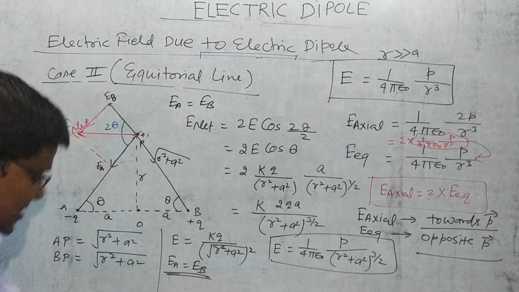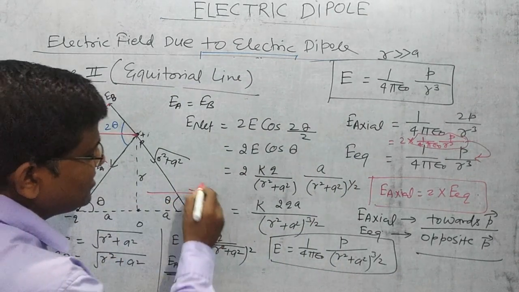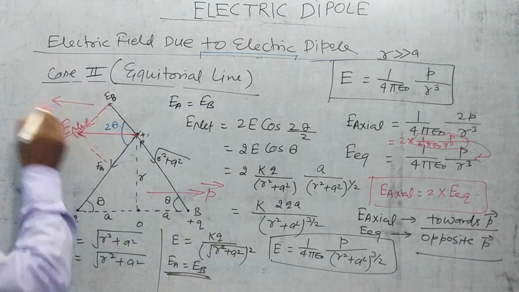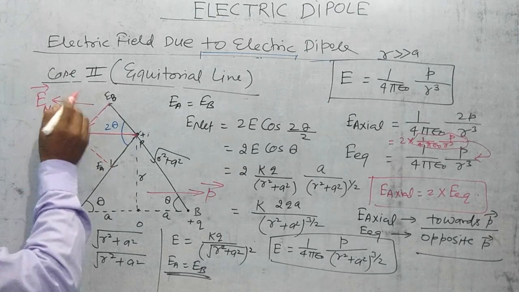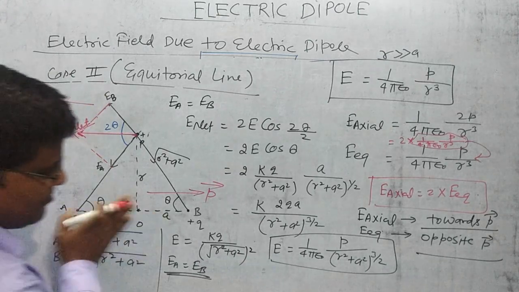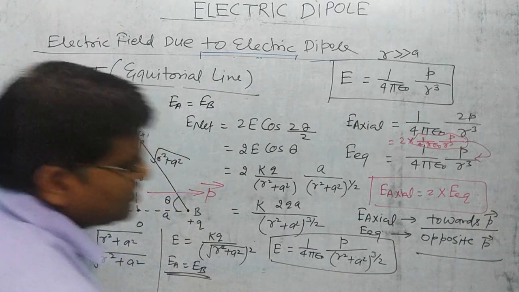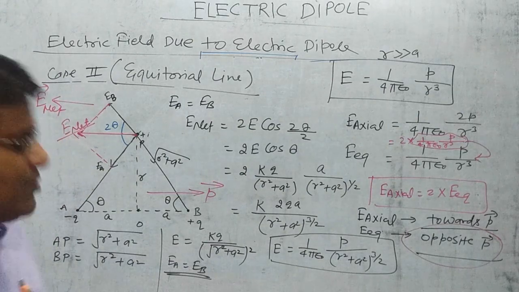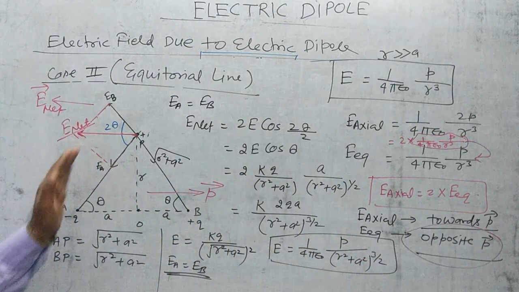This is the P vector, from negative to positive, and the electric field is in this direction. Net electric field in this direction. P is in the other direction, so both are opposite, and that is why I am writing here opposite to the P vector. The electric field will be opposite to the P vector.